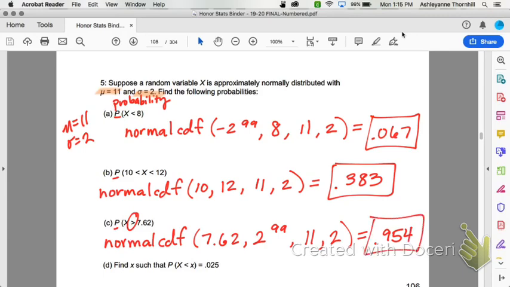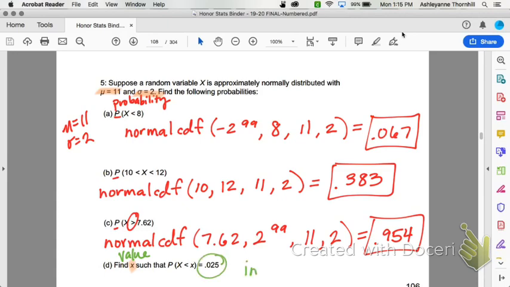And then part D is written differently because it's giving me the percentile below and it's wanting me to find the value. So find X, which means find the value where the probability is 0.025.